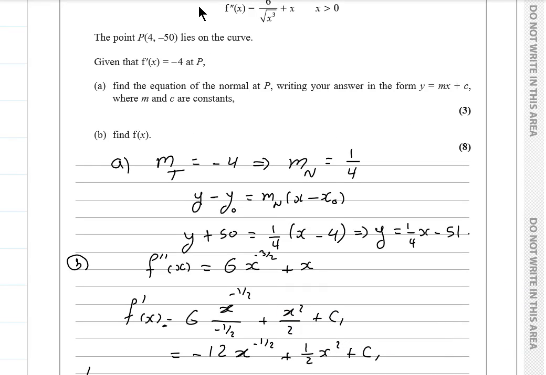we have the coordinates of P, which is 4 and negative 50, so f of 4 equals negative 50.